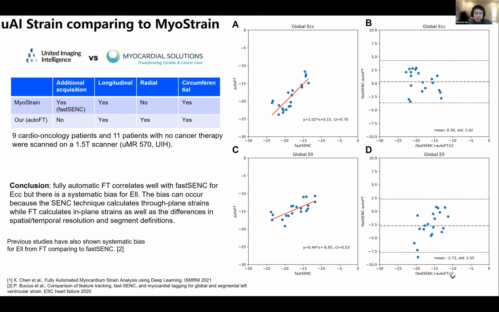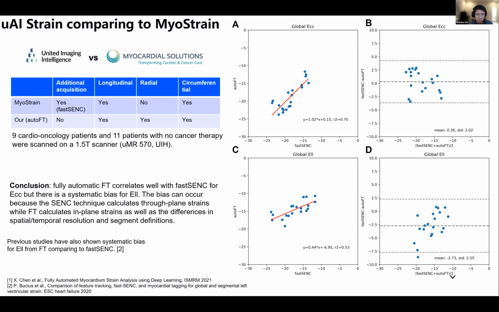We know this bias can occur just because the FastSync-based method calculates a through-plane strain, but our deep learning-based method, since we use the Cine data, calculates the in-plane strain. And from previous publications and studies, we found there are also systematic biases for longitudinal strain for those feature tracking-based methods.